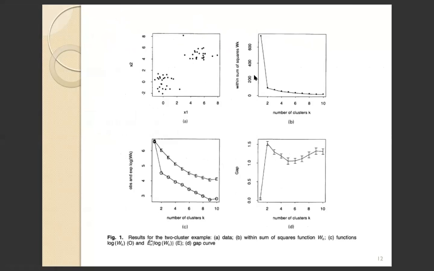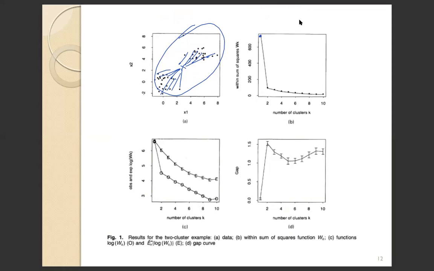K equals 1 means there's actually no cluster, so you take everything as 1. Then the within sum of squares, W_K, you have a centroid here, so you can calculate the distance. Of course it's going to be very large, because there's large variability when they are assumed to be from the same cluster.